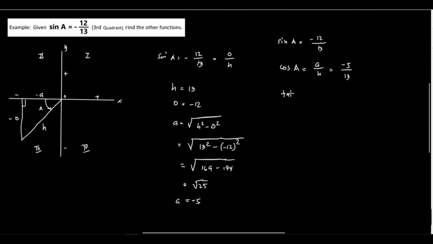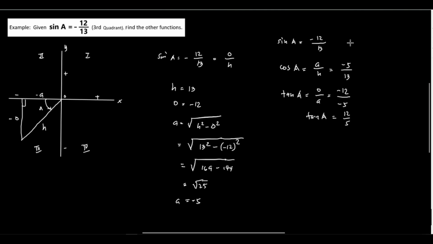And tangent A, that's opposite over adjacent, or O, that's negative 12 all over A, that's negative 5. And it is equivalent to negative over negative, that's positive, or 12 over 5. And this is for tangent A.